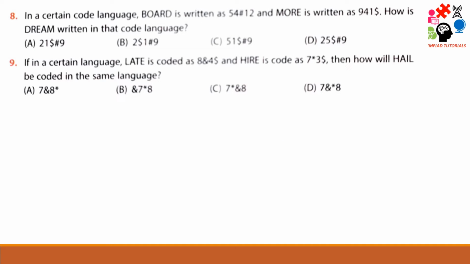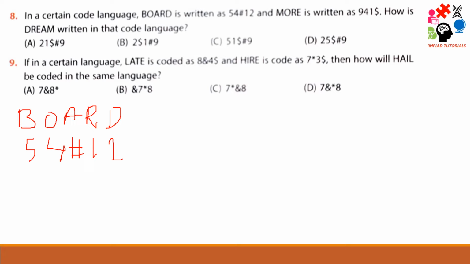In a certain code language, BOARD is written as 54#12 and MORE is written as 941$. So how is DREAM written? So first we will just assemble all the alphabets, BOARD. Write down the code for that. 54#12.